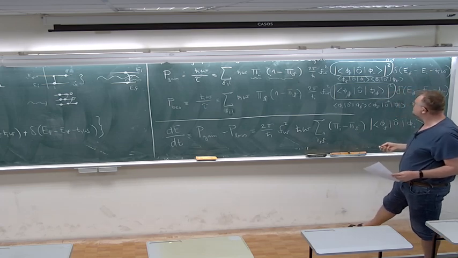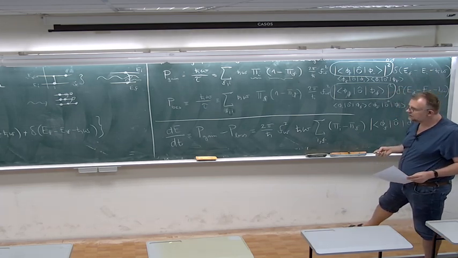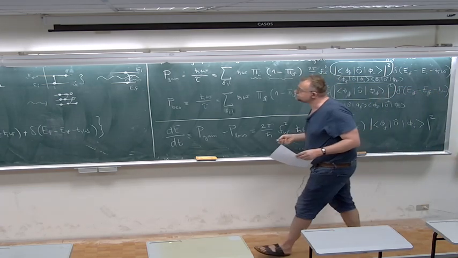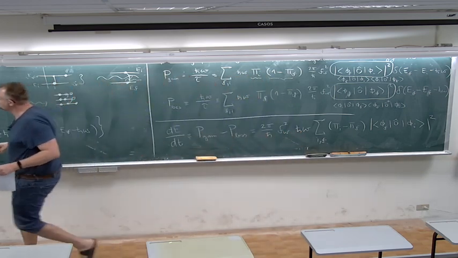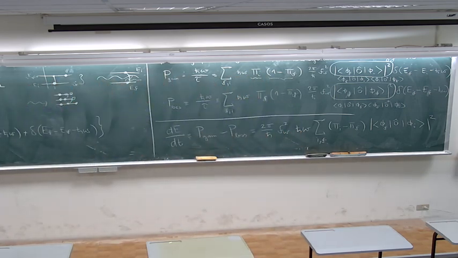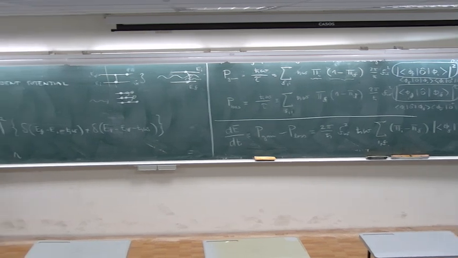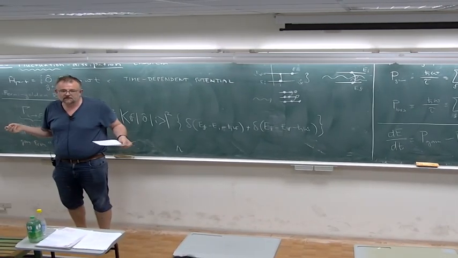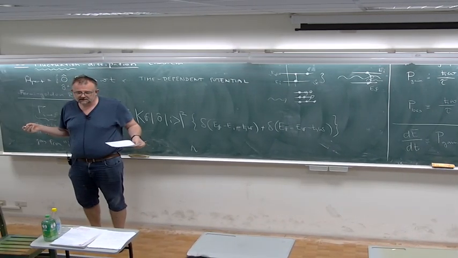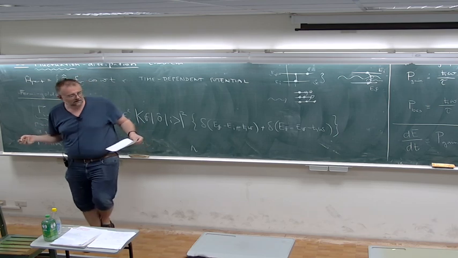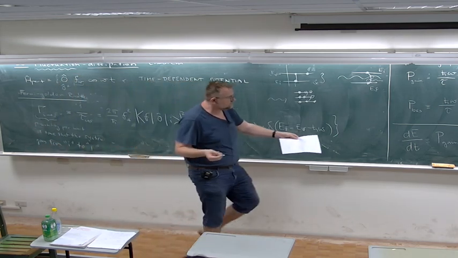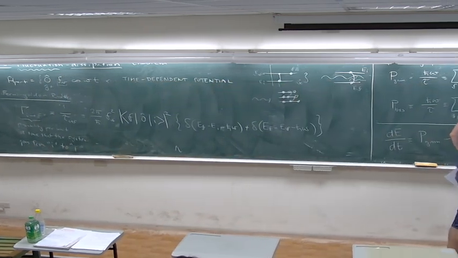Yeah, if it's Hermitian, then it's true, right? Okay, then let's assume that it's Hermitian. But it should be Hermitian, otherwise we do not have a Hermitian perturbation, so it's non-physical in some sense. So let's assume it's Hermitian, okay? Good. But then we are getting this thing and the delta function.